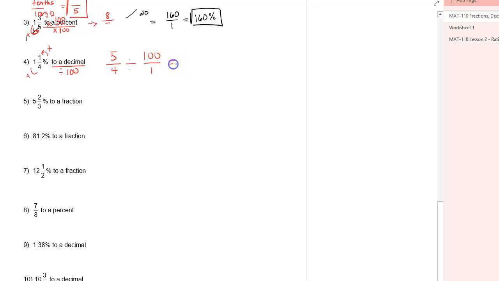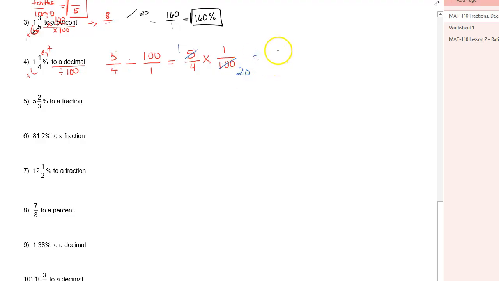So now if I do keep it, change it, flip it, I keep 5/4. I change division to multiplication, and then I'm going to flip the second number, which gives me 1/100. Again, I can cross simplify. So 5 will go into itself 1 time. It will go into 100 20 times.